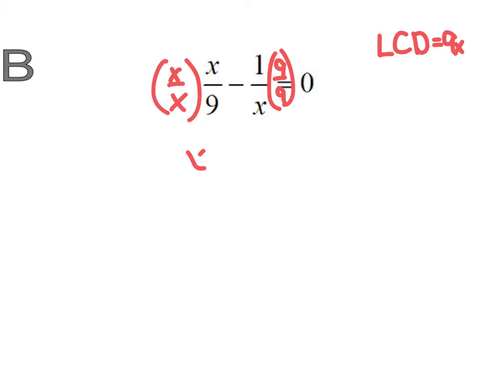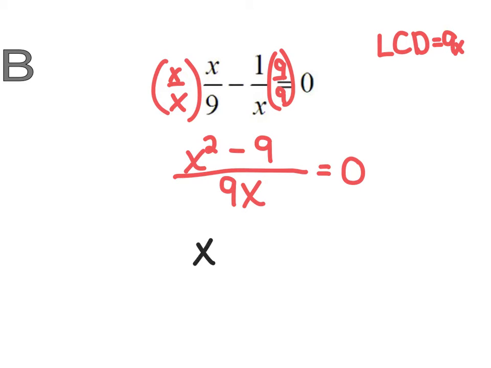This produces x squared in the first minus 9 in the second over my common denominator, which is 9x, and this is equal to 0. Okay, so now it's in the form of one polynomial over another, so I'm going to take my numerator and set it equal to 0.